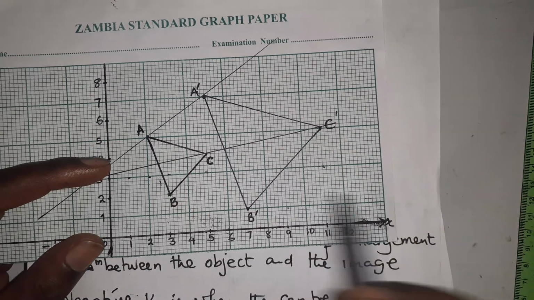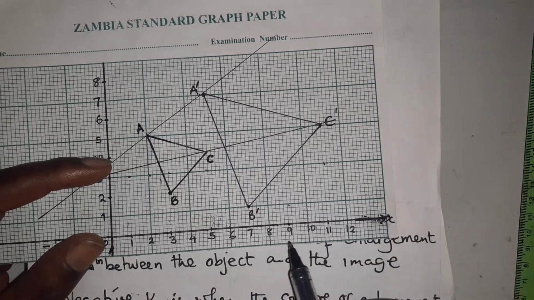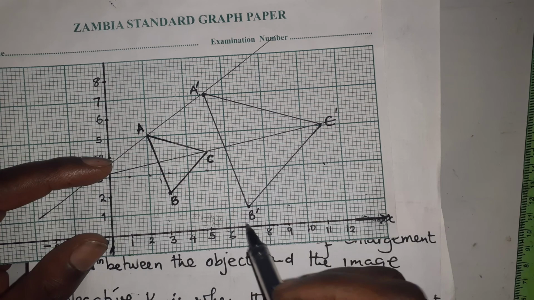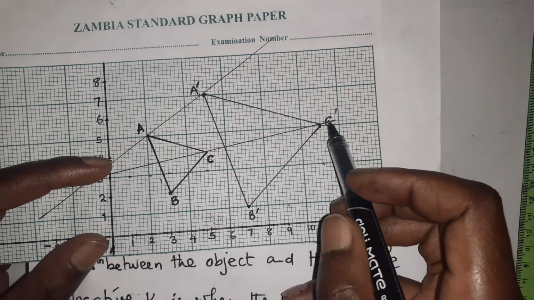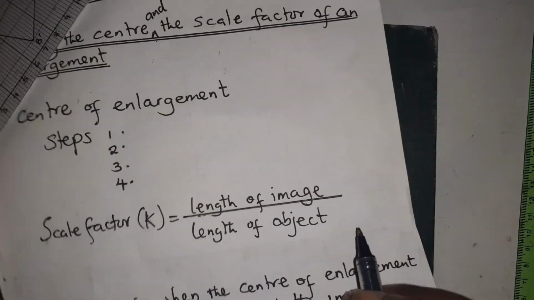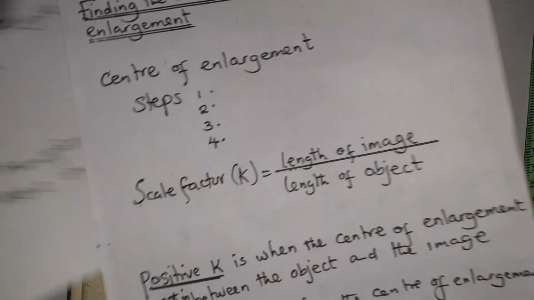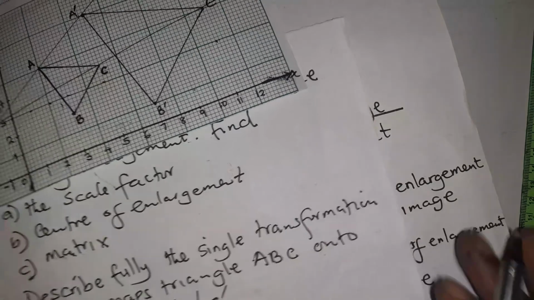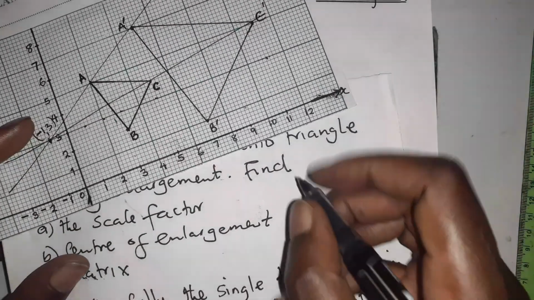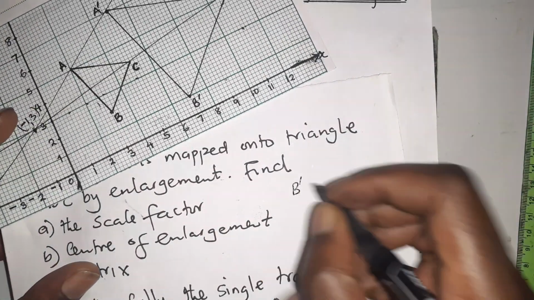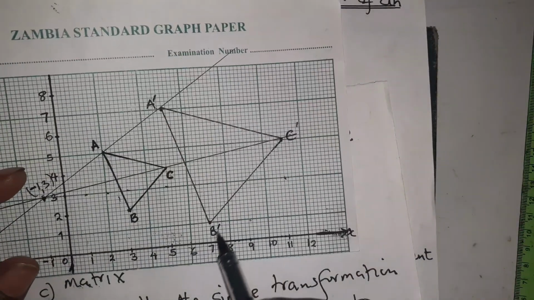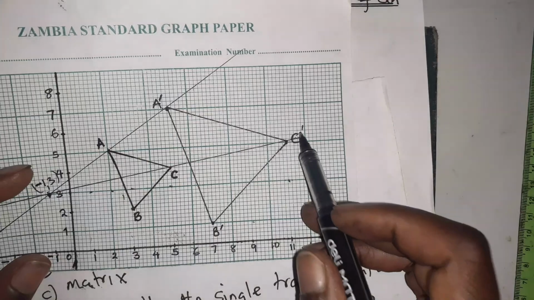For instance, if I'm going to pick BC, take note of that, which is this one here, B slash and C slash.